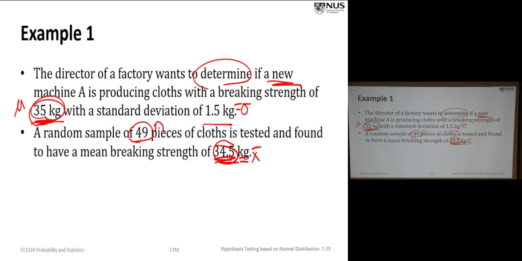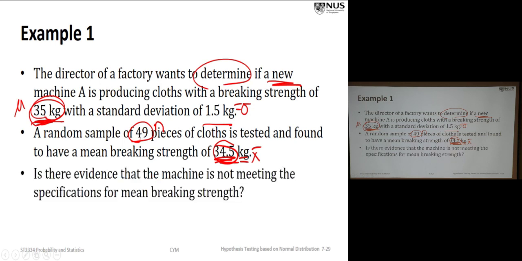Your 34.5 is a realization of a random variable. Just like tossing a coin, you can have a head or a tail as a realization. This time, this sample gives you an x bar equal to 34.5. Maybe another sample will give you another value, and a third sample will give another value. So you cannot, based on 34.5 being different from 35, conclude that mu is not 35.